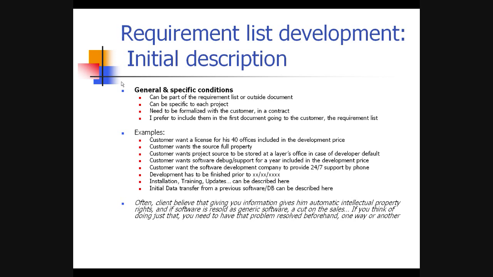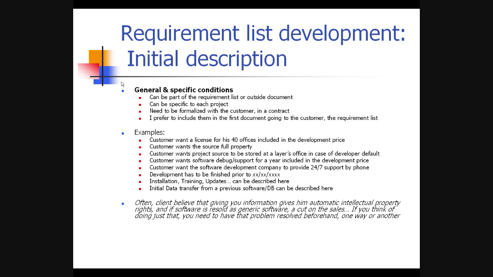And often the customer believes that giving you information about his job activity gives him automatic intellectual property rights on the software you are writing. And then if you are reselling that software as a generic vertical software, he thinks he is allowed a cut on the sales.